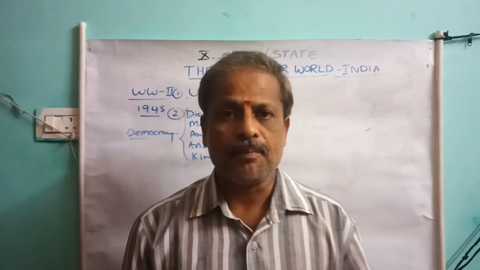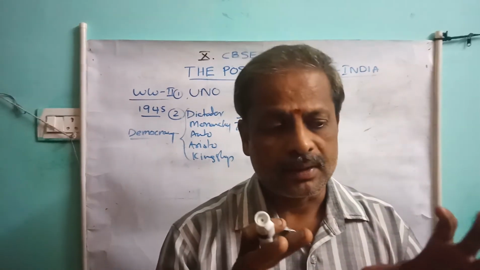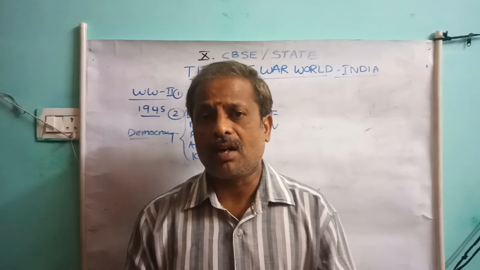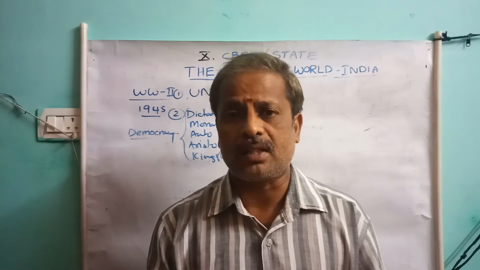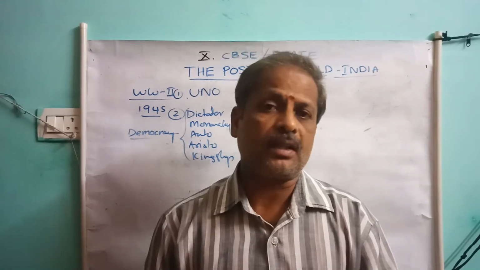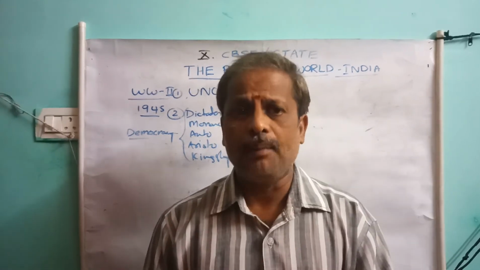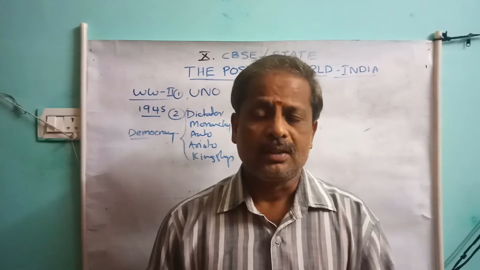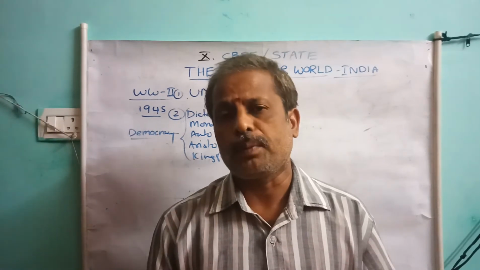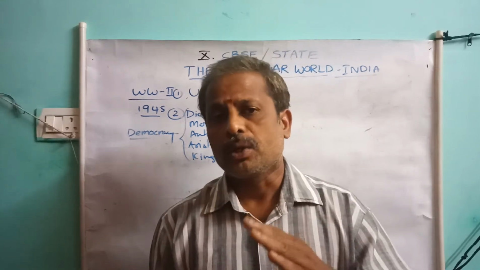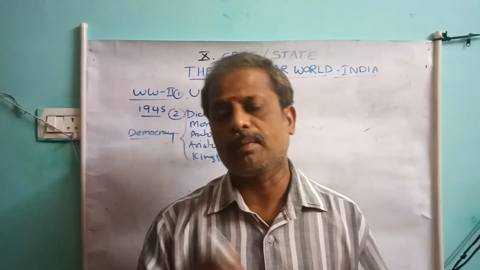In the same way, we know Germany after World War II was divided into two countries by the involvement of America and Russia. Germany was divided into two parts, West Germany and East Germany. West Germany was dominated by America, whereas East Germany was dominated by Russia.